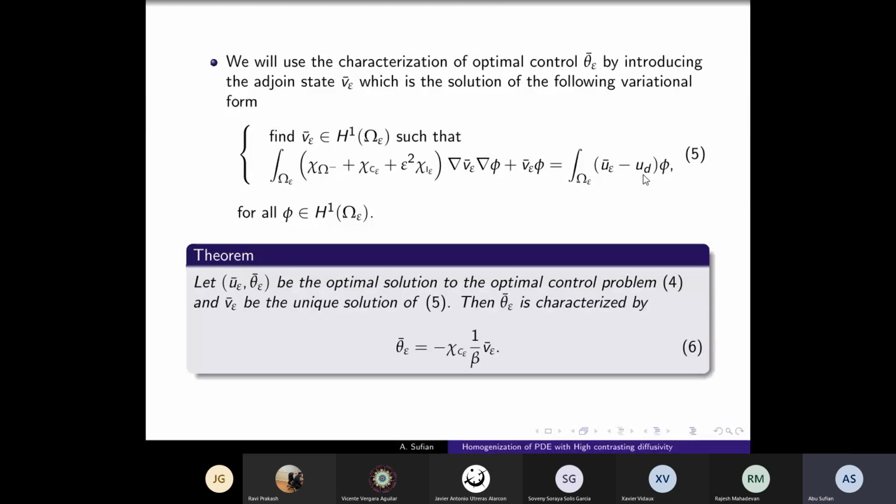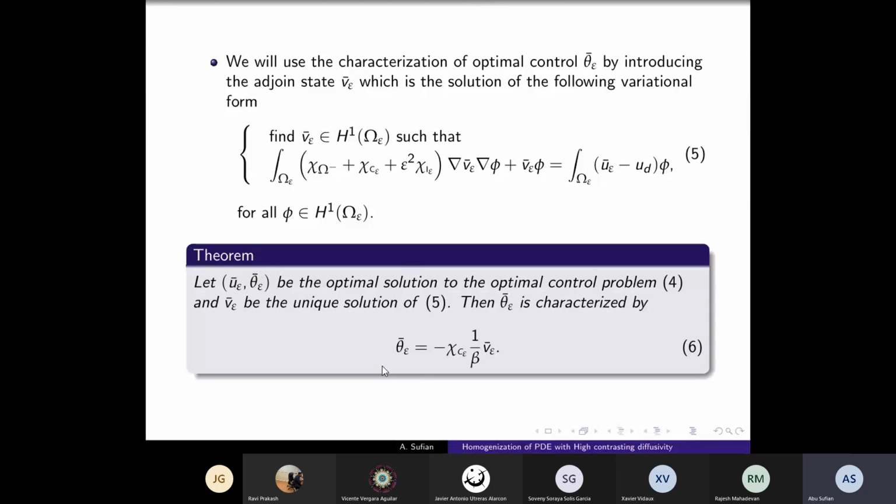Okay. Now, what the characterization theorem tells us is that, suppose U epsilon bar and theta epsilon bar are the optimal solution to the considered optimal control problem, and V epsilon bar is the unique solution of the adjoint problem, then the optimal control theta epsilon bar is characterized by theta epsilon bar equals minus chi C epsilon times 1 by beta V epsilon bar.